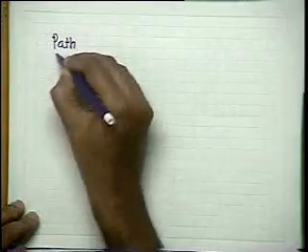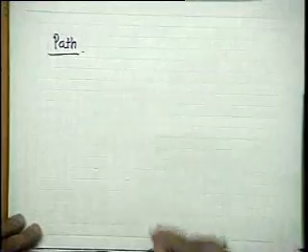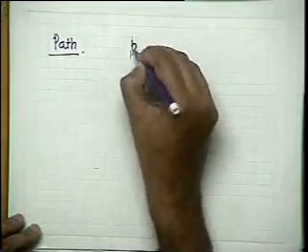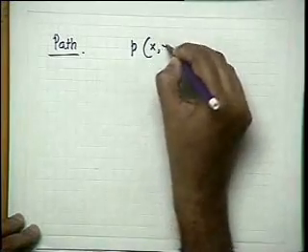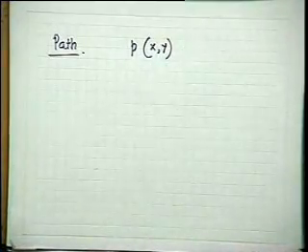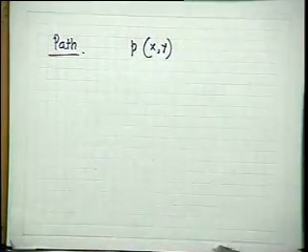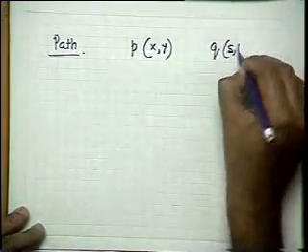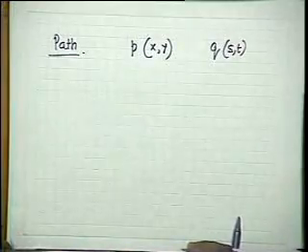The next definition is about path. Let us take a pixel P having coordinates x and y, and we take another pixel Q having coordinates s, t.